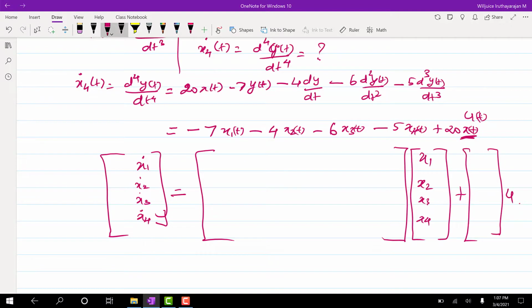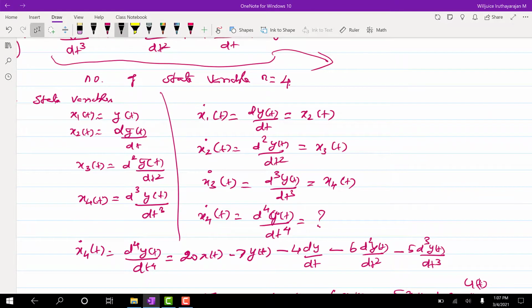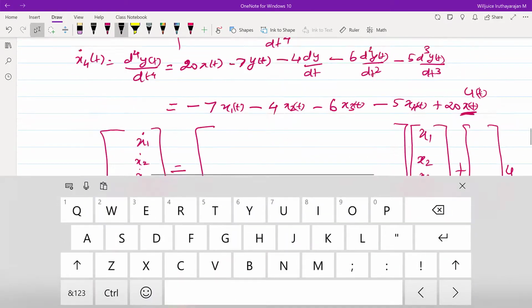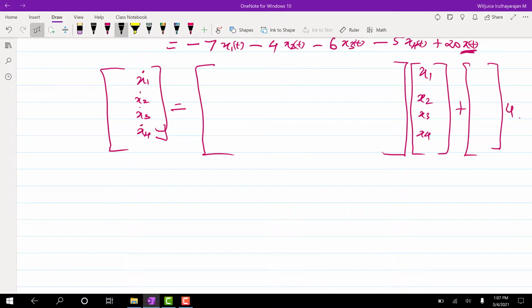So x1 dot is equal to x2, so only that term alone is non-zero: 0, 1, 0, 0 and the corresponding input coefficient also 0. Similarly x2 dot is equal to x3, so 0 into x1, 0 into x2, 1 into x3, 0 into x4 plus 0 into u.